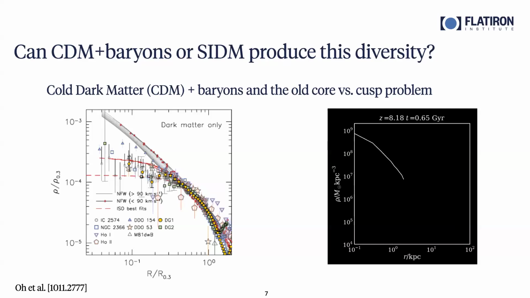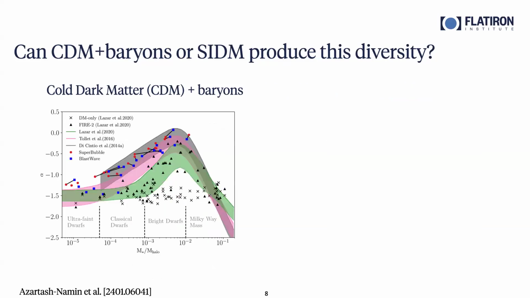Whereas observations 20 years ago, from rotation curves of dwarfs, the colored lines, show flatter densities in the central region. What I'm showing here is a simulation with cold dark matter and supernova feedback that can suppress these central regions. You start with something very steep in the center, you get bursty outflows from supernova feedback, and then you create these dark matter cores. So this is one potential solution that people think about.